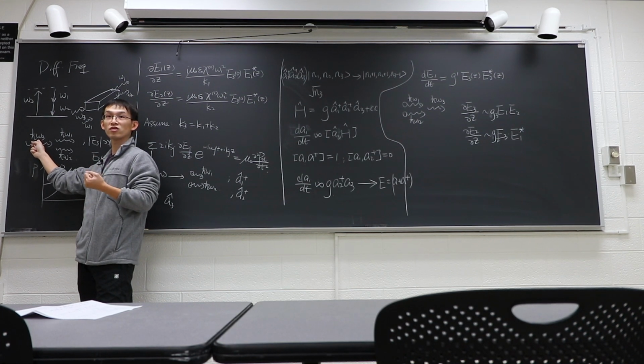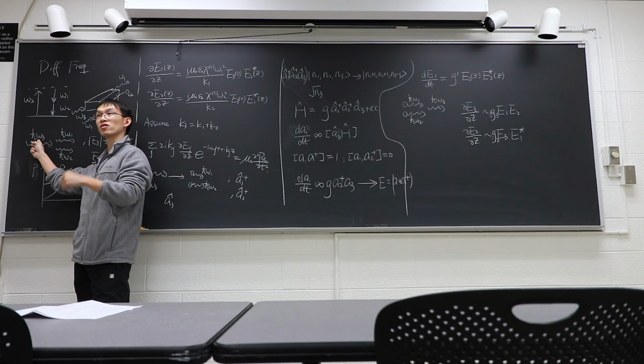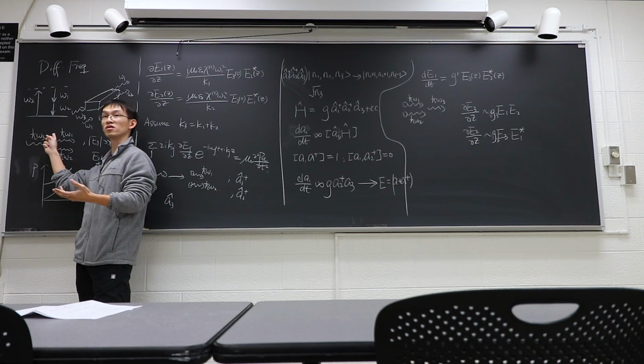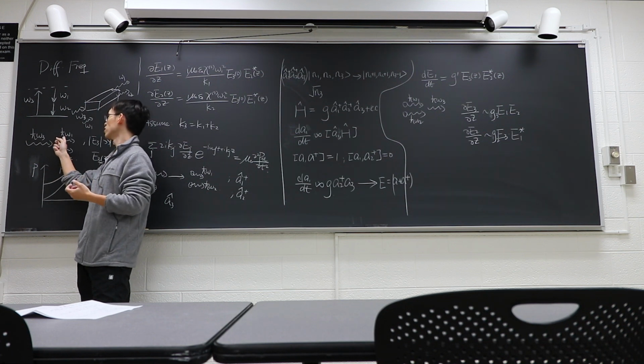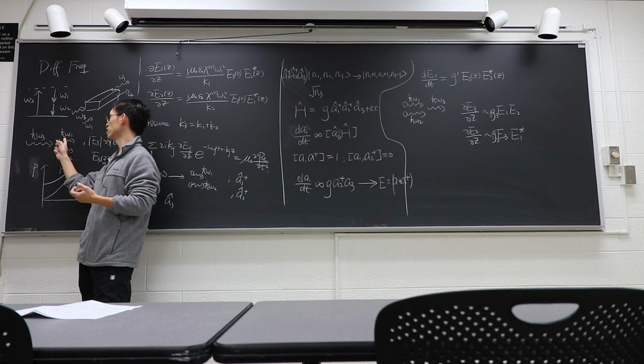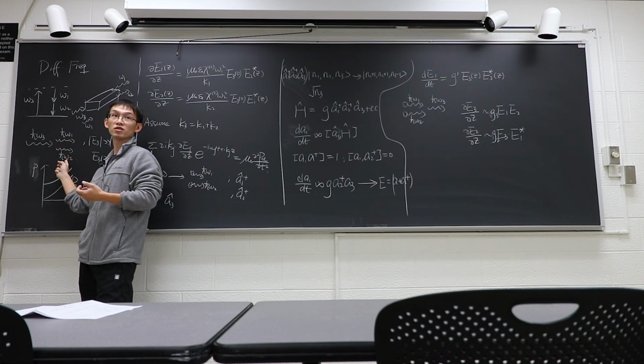So the coefficient of omega 3 disappearing must be the same as omega 1 being created. And when a photon of omega 1 is created, another photon of omega 2 must be created, so they must have the same coefficient.